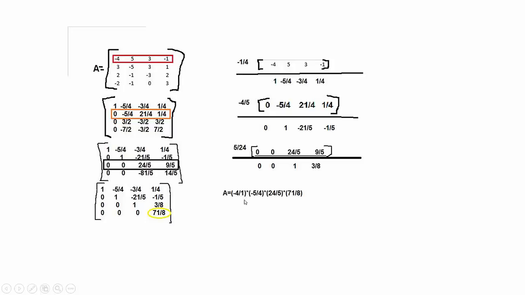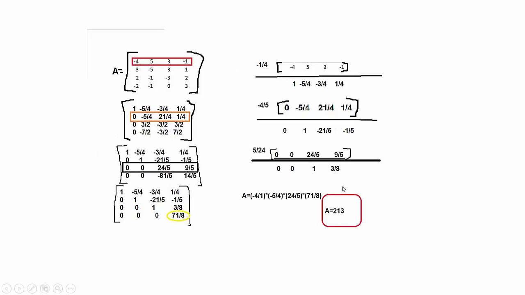So the final result is given by multiplying minus a quarter, minus 4 over 5, and 5 over 24, and 71 over 8. The final result is that determinant A is equal to 113.